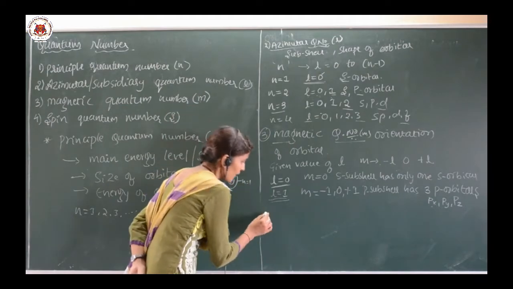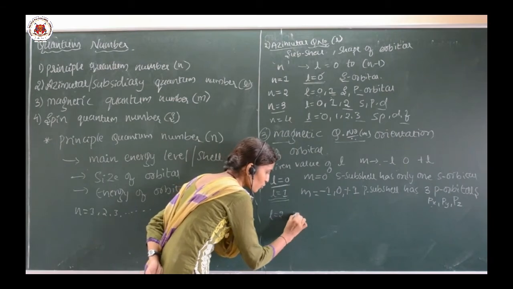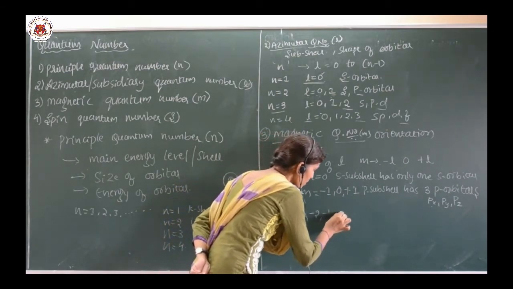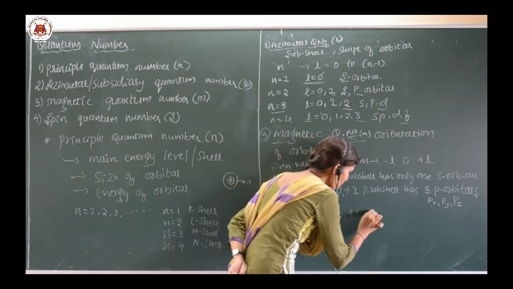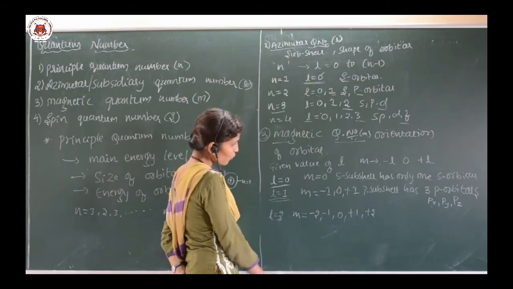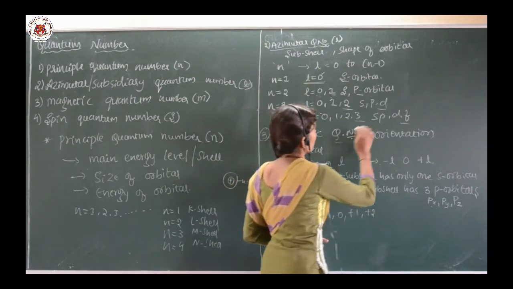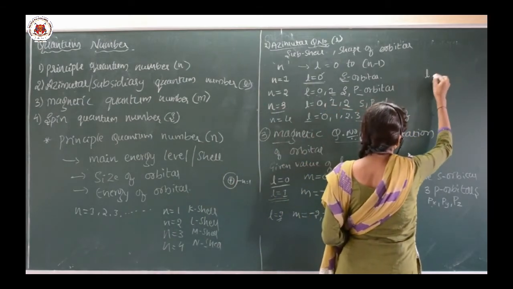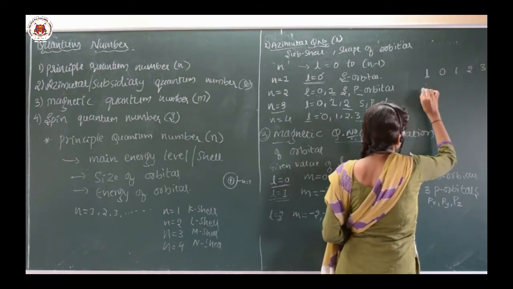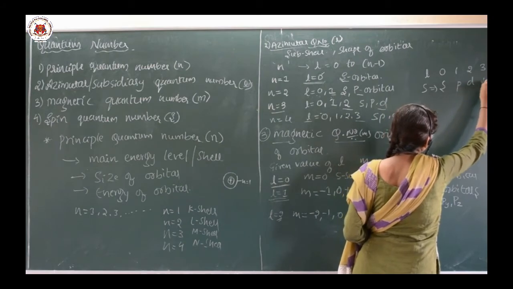Then let us go for l equal to 2. You might be guessing, when l is equal to 2, m is equal to minus 2, minus 1, 0, plus 1, plus 2. And l equal to 2 means which subshell is it? d. See here, values of l are 0, 1, 2, 3, 4, and the subshells are s, p, d, f, g, like this.